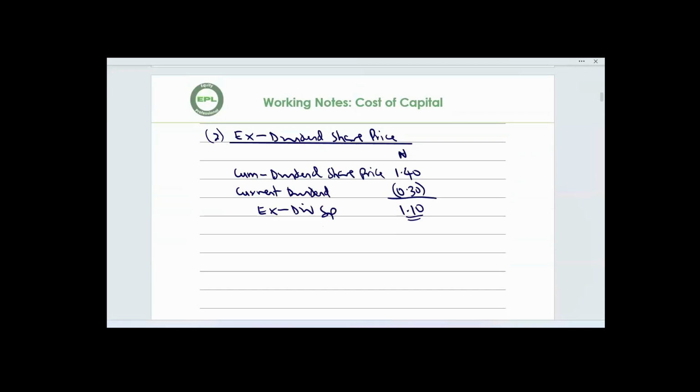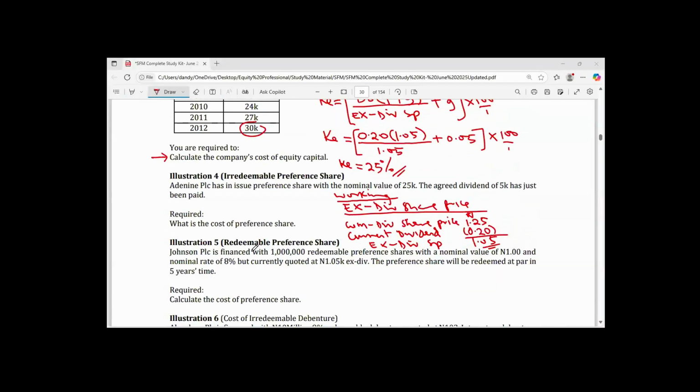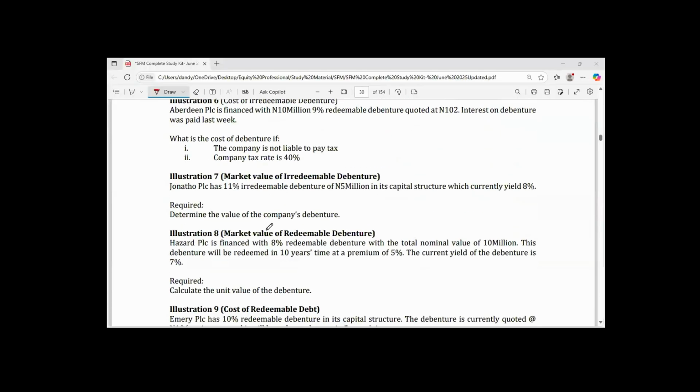There's one more example. Let me see if you have it in the question. If not, let me stop sharing this first. There is a particular question, a short example as well, that has to do with using the Gordon growth model. Let me see if I have it.